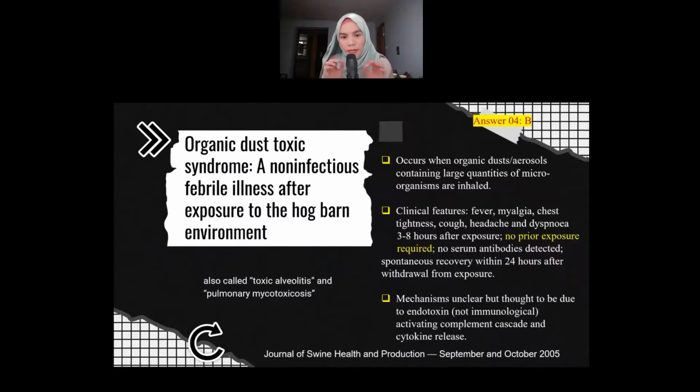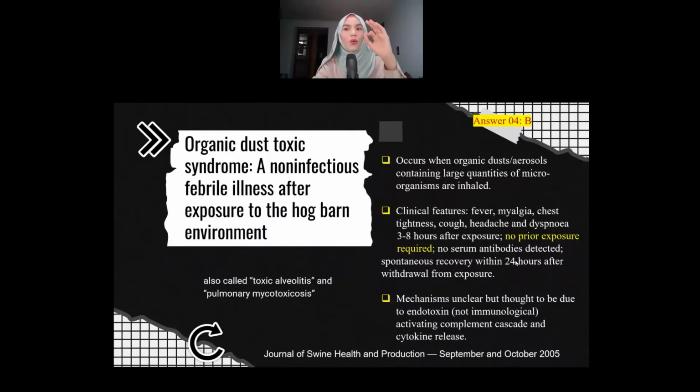There is a lot of humidity and accumulation of fungi, so it can cause toxic alveolitis and pulmonary mycotoxicosis. It occurs when organic dust or aerosols containing large quantities of microorganisms are inhaled. Clinical presentation is like pneumonia: fever, myalgia, chest tightness, cough, headache, and dyspnea 3 to 8 hours after exposure.